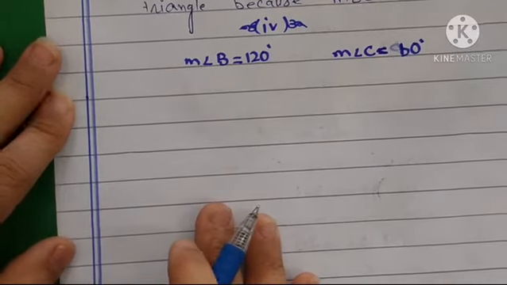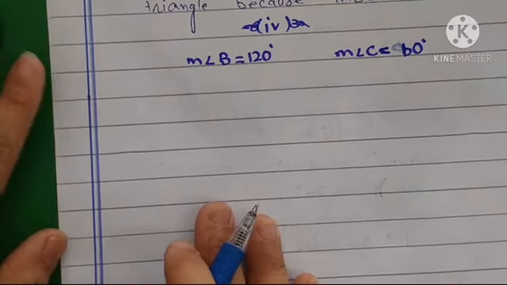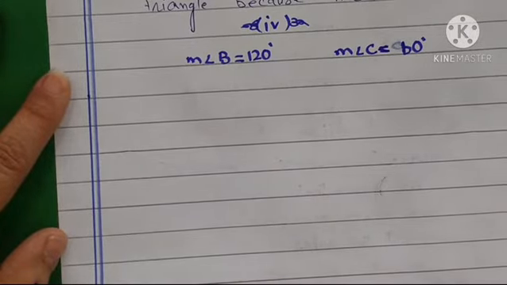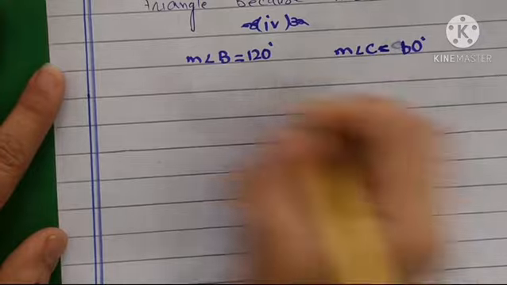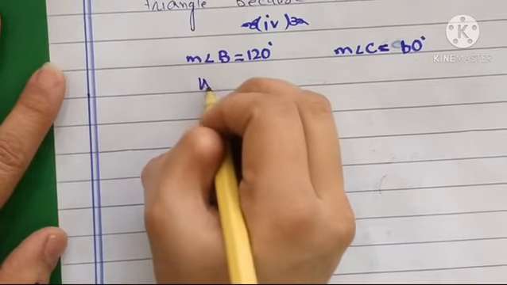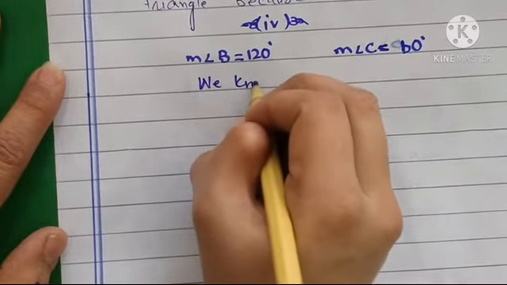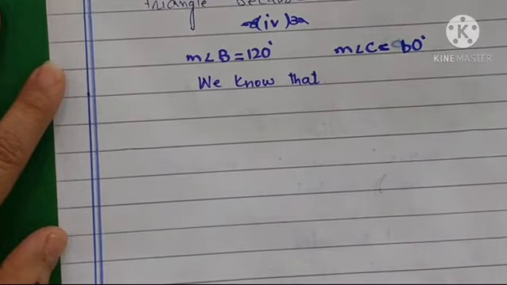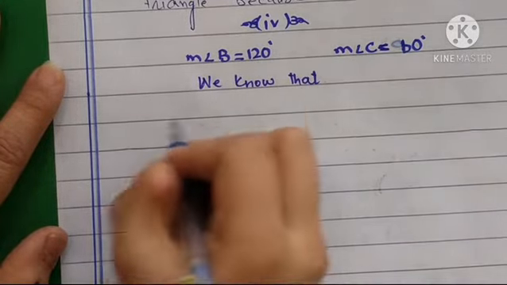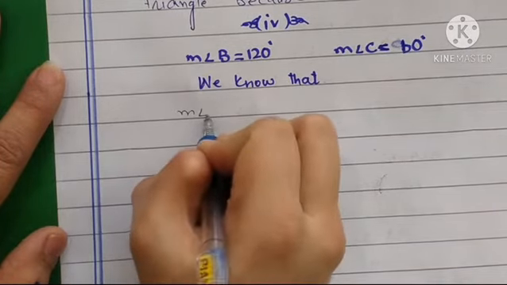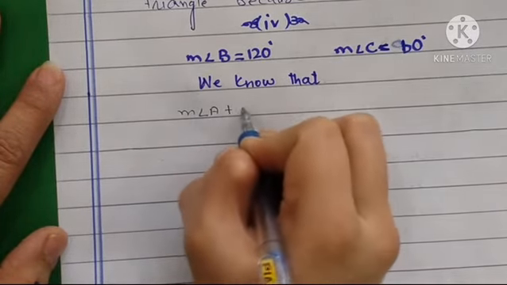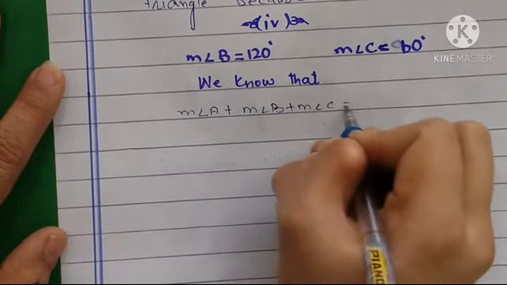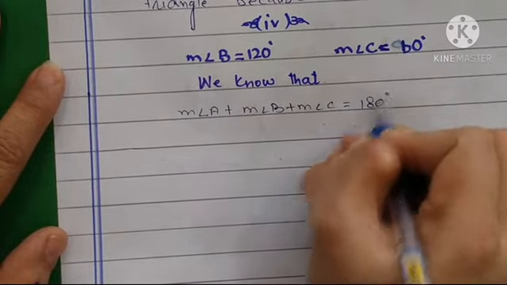So I will first find the value of angle A by using the same thing which we applied in part 3. So I will write here, we know that the sum of interior angles of a triangle is equal to 180 degrees. So measure of angle A plus measure of angle B plus measure of angle C is equal to 180 degree.